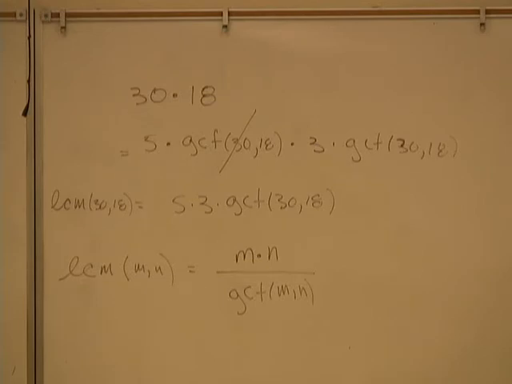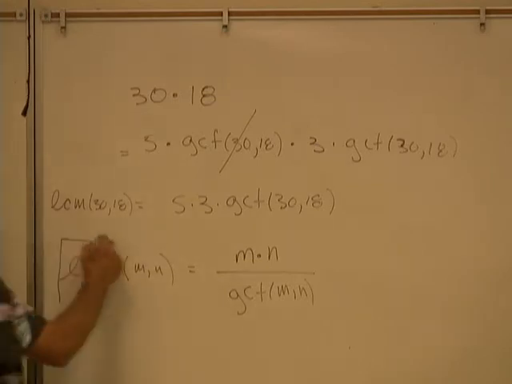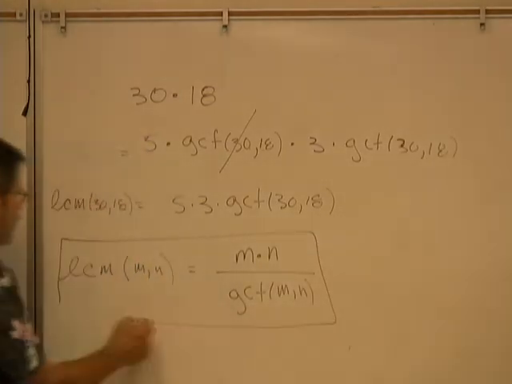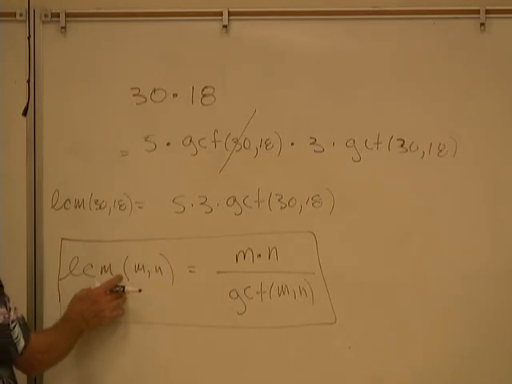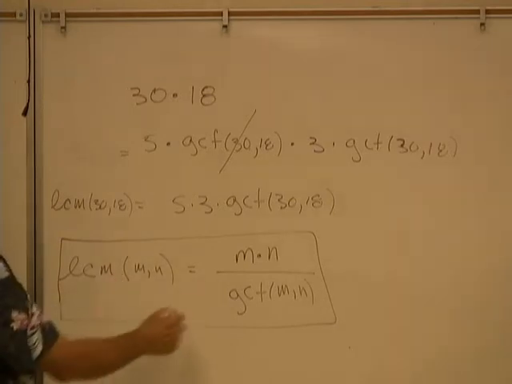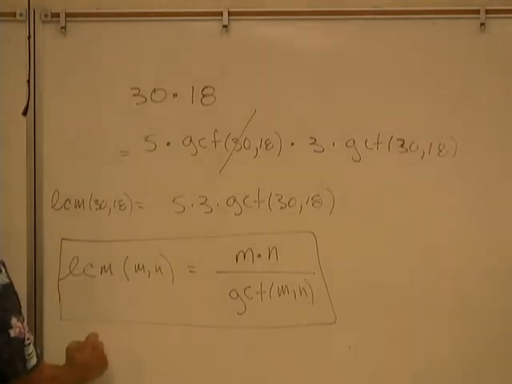So you can write the equation this way. Compute the greatest common factor. You can always get the least common multiple by dividing the greatest common factor into their product. Or if you know the least common multiple, rewriting this equation, I can write this in a couple of different ways.